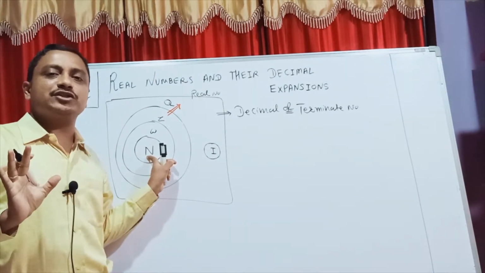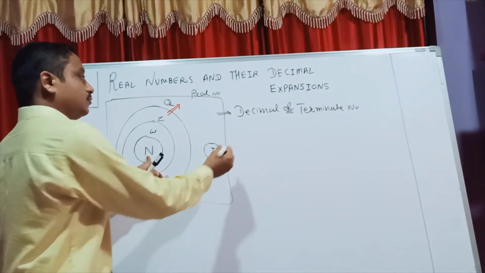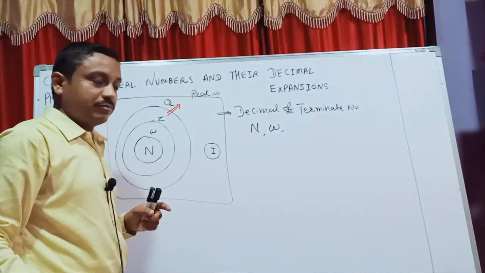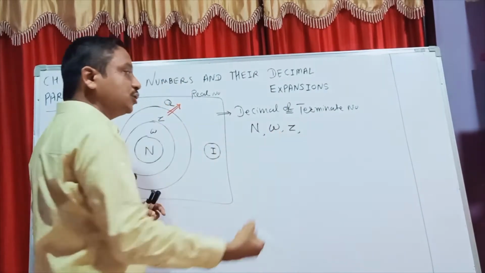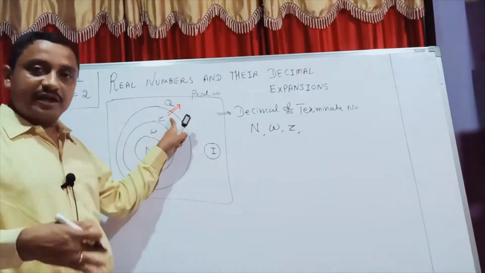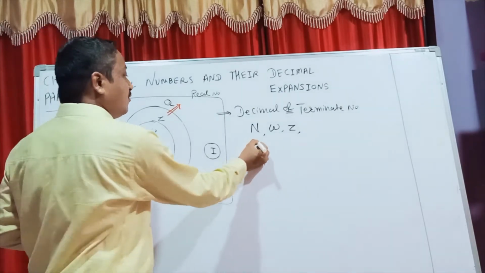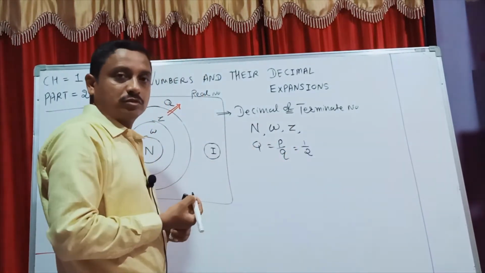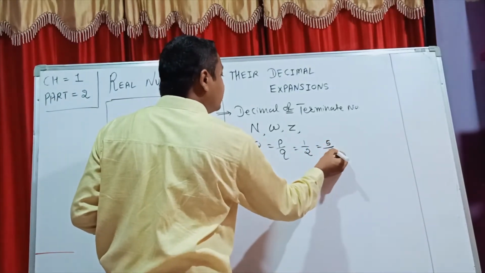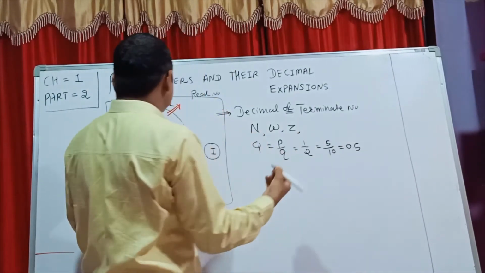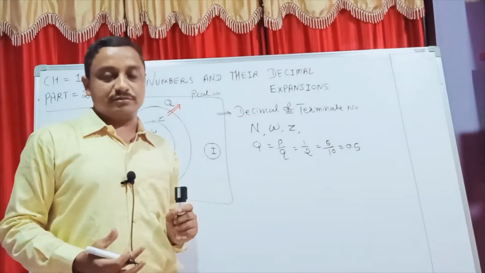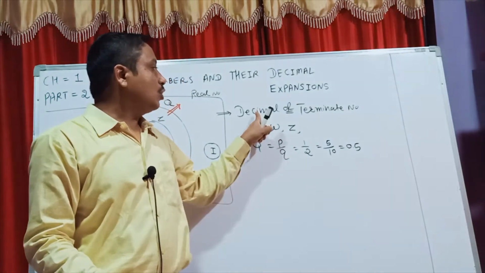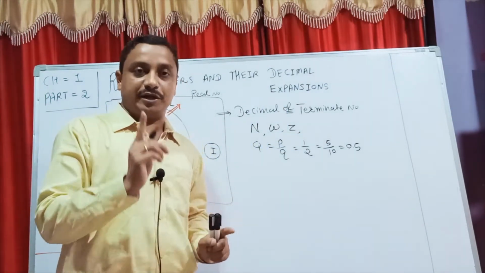All natural numbers are decimal numbers. All whole numbers are also decimal numbers. All integers are also decimal numbers, and some other decimal numbers are also available, of the form P by Q, just like 1 by 2, or 5 by 10, which is 0.5. It is called a decimal number.